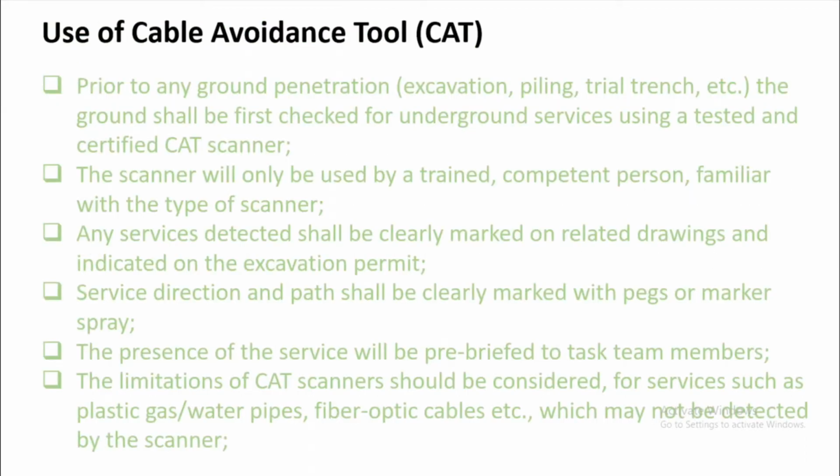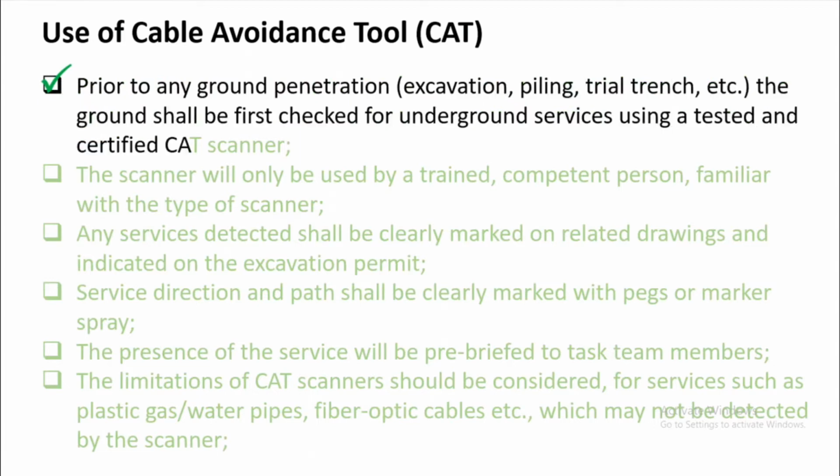Use of cable avoidance tool or CAT. So this is what we call the cable detector. Prior to any ground penetrations, excavations, filling, trial trench, or leveling of the ground shall be first checked for underground services using a tested and certified cable avoidance tool or CAT scanner.